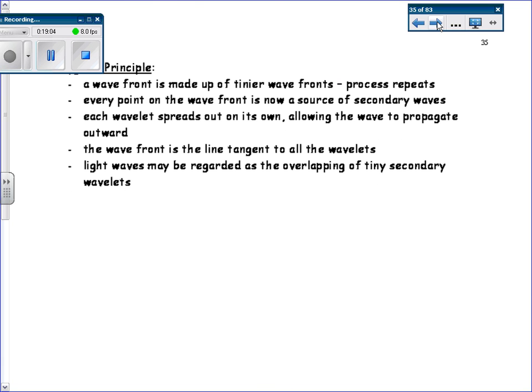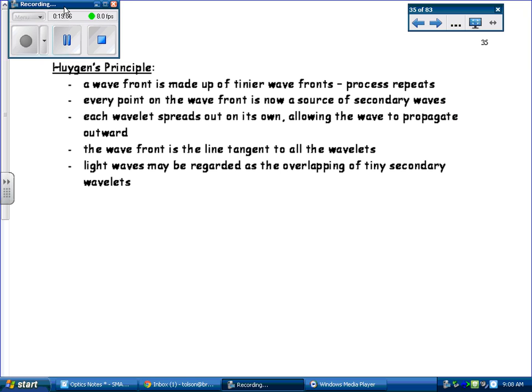The first thing we want to talk about is Huygens' principle. Huygens' principle says that a wavefront, whether it's water waves or light waves, is made up of smaller wavefronts. Each of those smaller wavefronts is made up of even smaller wavefronts, and you can keep splitting them up indefinitely.